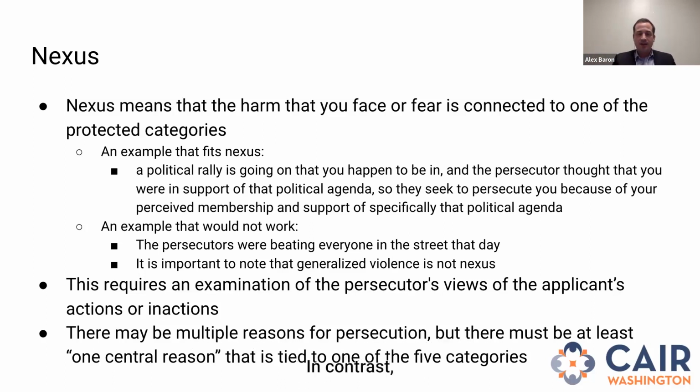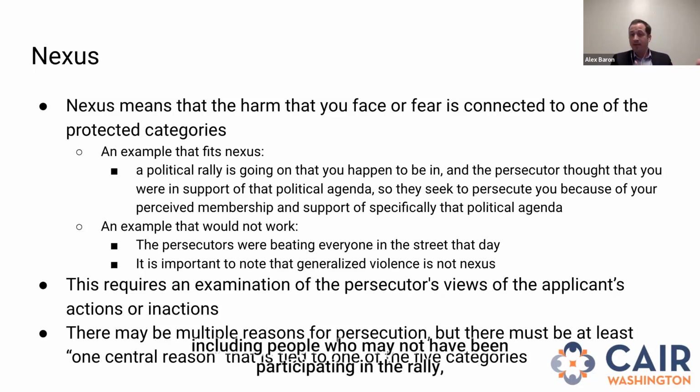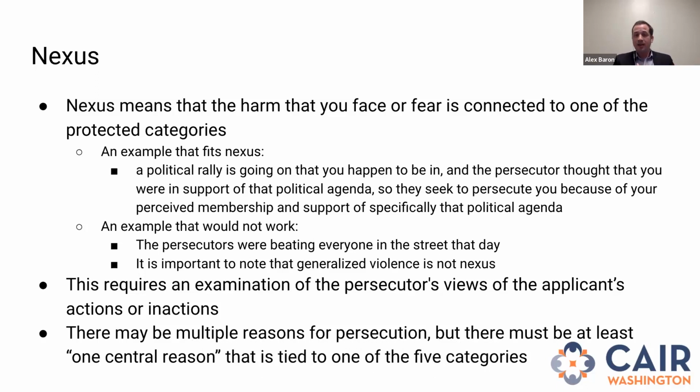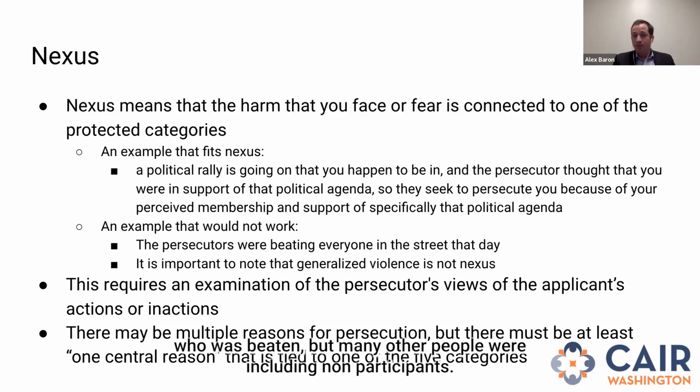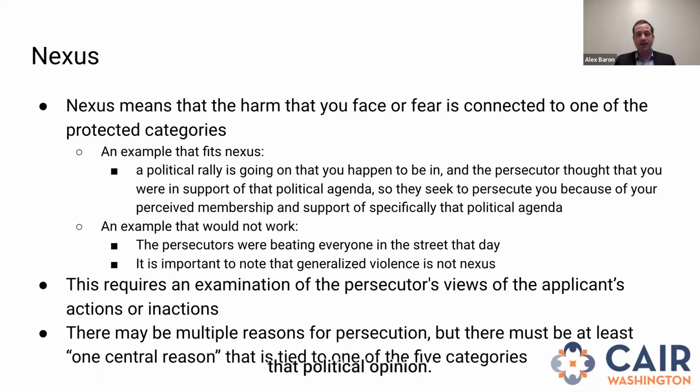In contrast, if the facts are simply that the persecutors were going through the rally beating everyone who was on the street that day, including people who may not have been participating in the rally, and you may have been one of the people who was beaten, but many other people were, including non-participants, and later on there was no indication that the persecutor thought you held that political opinion.